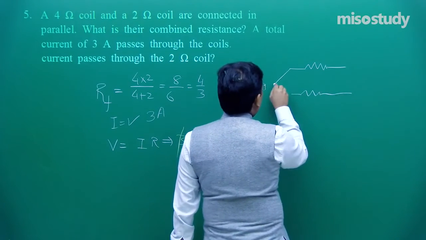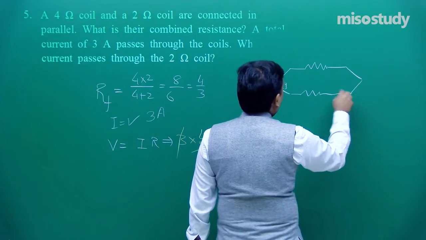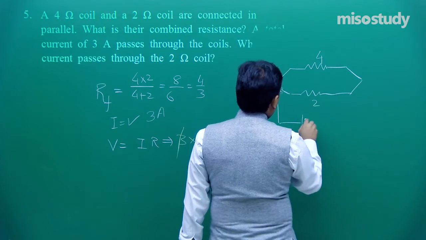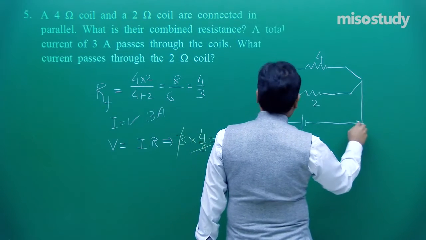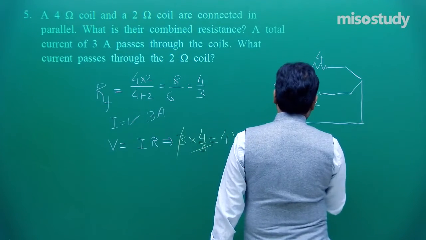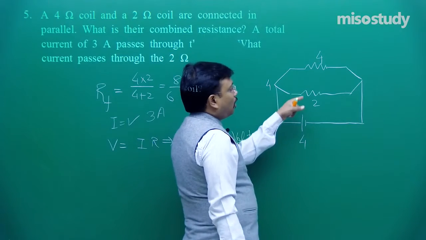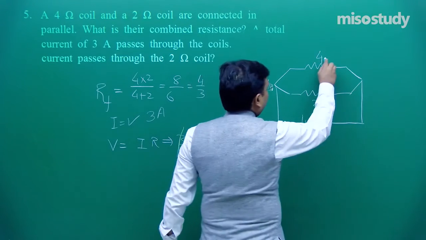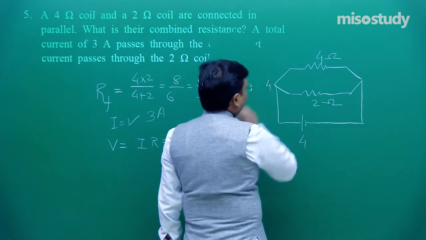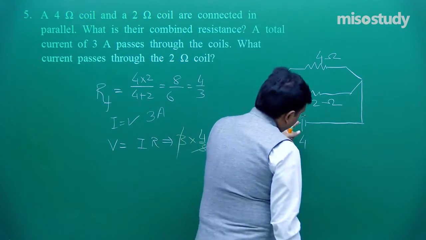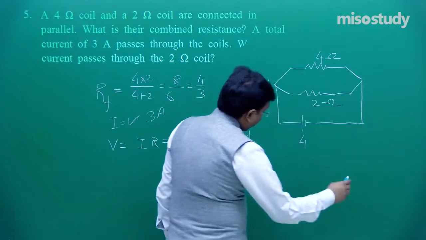So, basically this is the arrangement of these two resistances, 4 and 2, and this is your EMF source, which is going to be 4 volt. It is 4 volt, and this is 2 ohm, sorry, 4 ohm, 2 ohm, fine. In parallel combination, you know the voltage remains the same. This is question number 5.